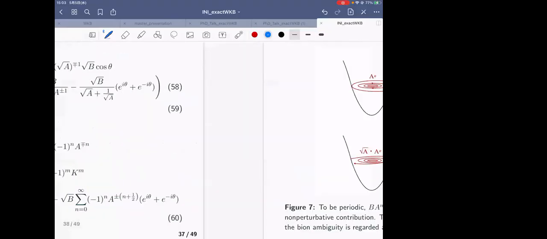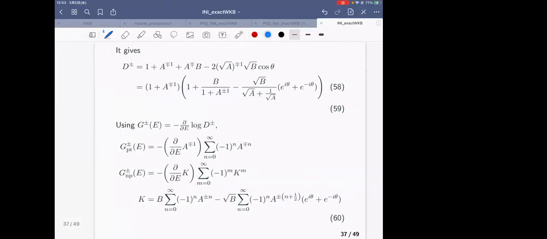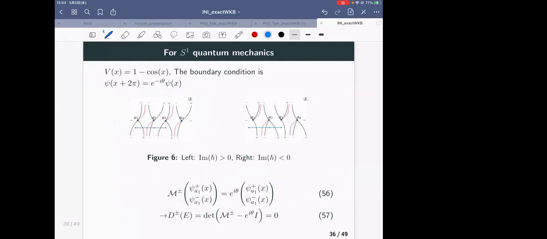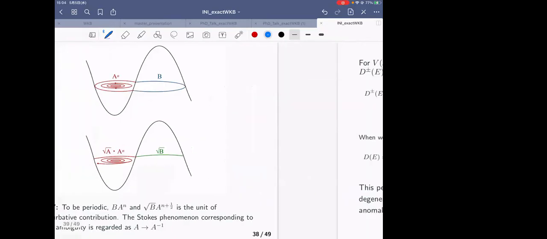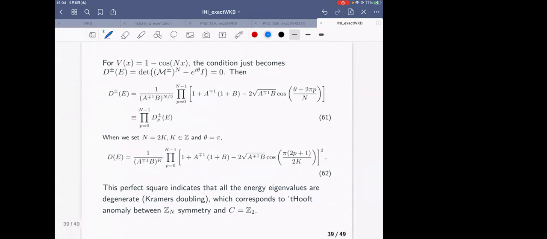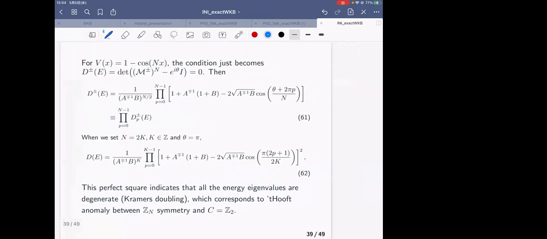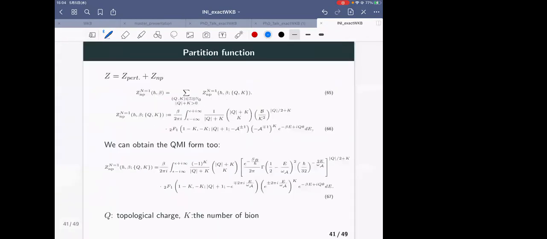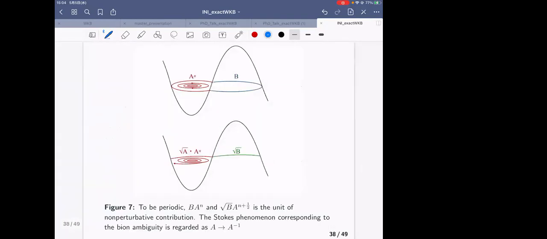When we consider this S1 quantum mechanics and set the almost free case without potential, then the spectrum is like n square. But in this case it is free, so we can't draw a Stokes curve.